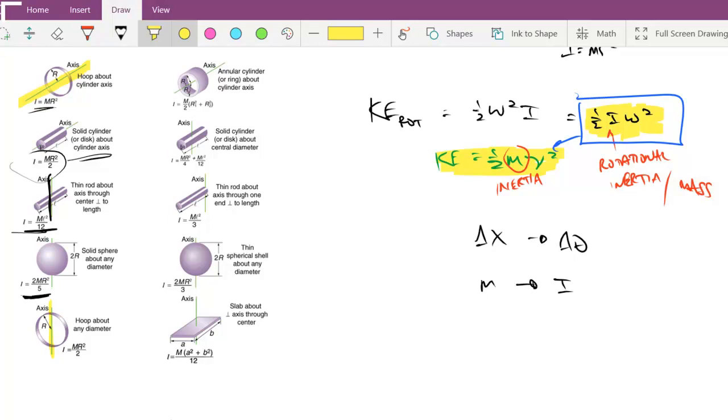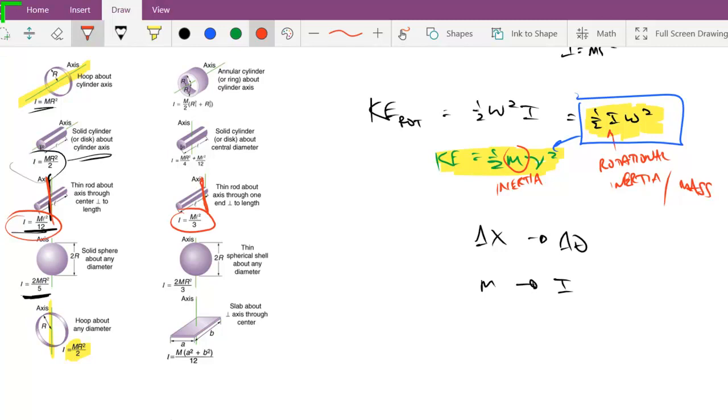So these are different, and this is why the hoop is actually 1/2 mr squared if it's rotating about an axis through its diameter. So the axis it's rotating around is very important. Again here, see that when we have this thin rod rotating about an axis through its center, the rotational inertia was 1/12 ml squared, but if you rotate it about an axis through its end, it's 1/3 ml squared.